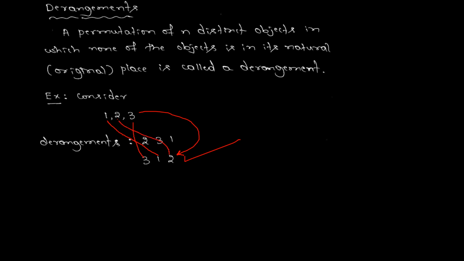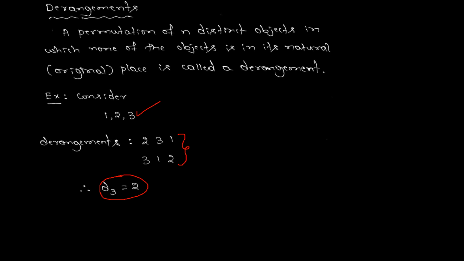So it is a derangement because no object has appeared in the original place. And there are only 2 such derangements for this sequence. Therefore, D3 is equal to 2.